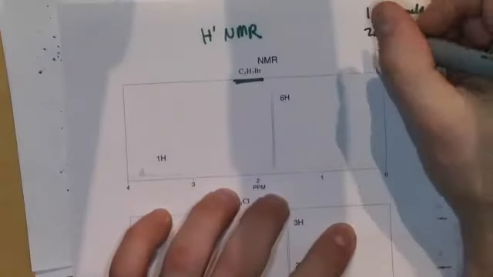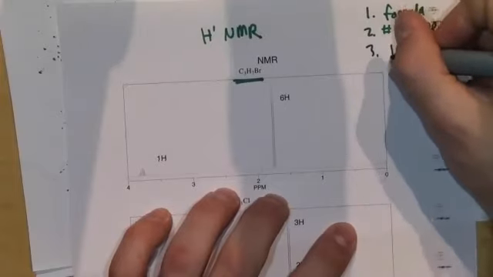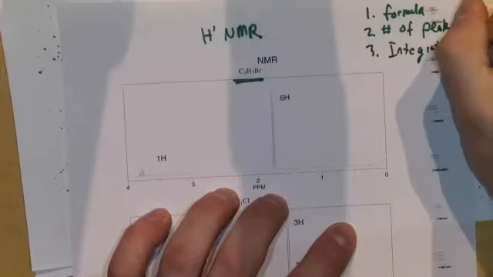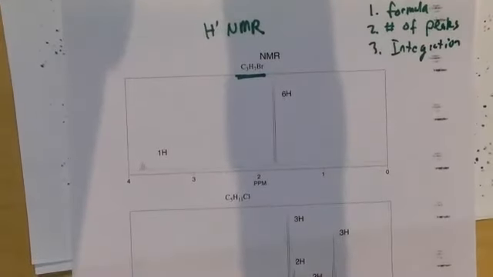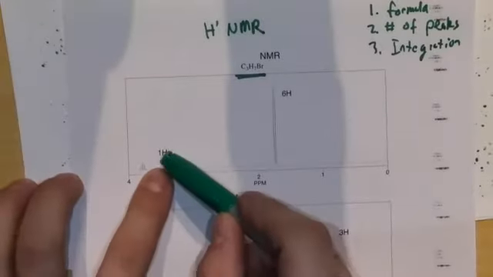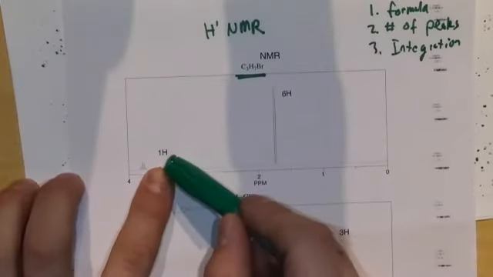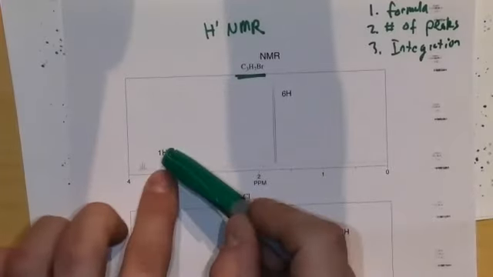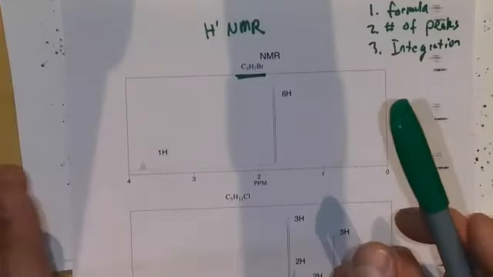The next one is your integration. And an integration is going to be this H number here. So this tells you how many H's are on that signal. So it's a 1H, which generally means it's going to be a CH.